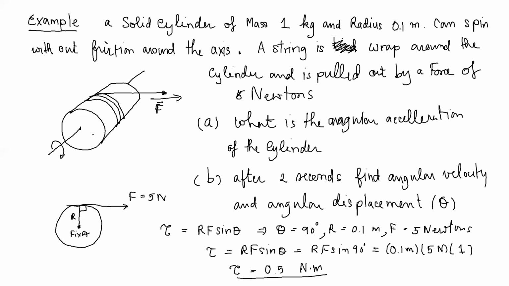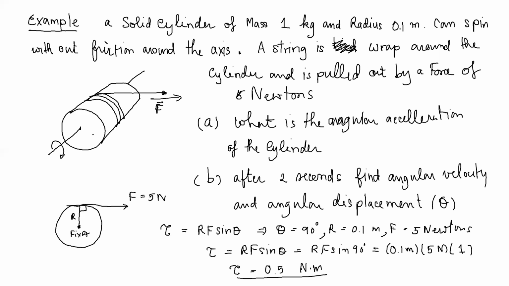How many rounds? We don't know. But then you pull it out with a force of 5 newtons. The question asks, what is the angular acceleration of the cylinder? And then find the angular velocity and angular displacement after 2 seconds.